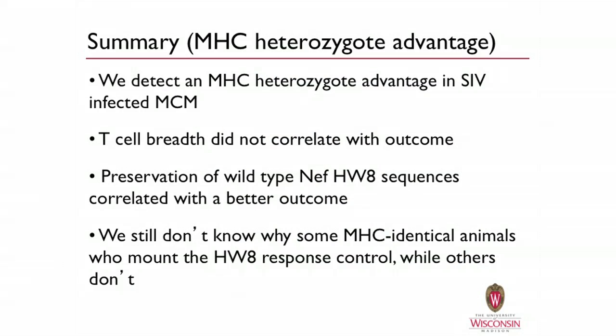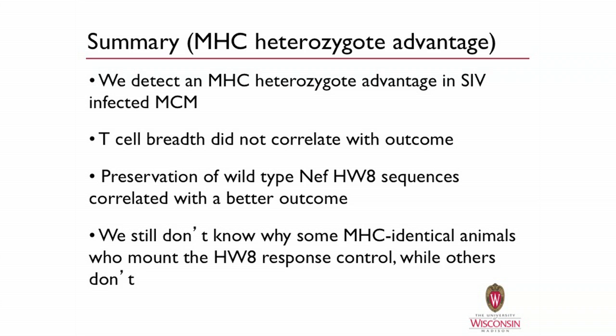So to summarize what we found with respect to the MHC heterozygous advantage, we've detected an MHC heterozygous advantage in SIV-infected Mauritian macaques, which has allowed us to explore this mechanism of heterozygous advantage in SIV-infected monkeys as a model for understanding heterozygous advantage in HIV-infected humans. We found that T cell breadth did not correlate with outcome.